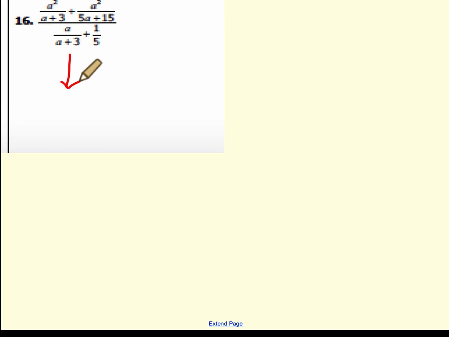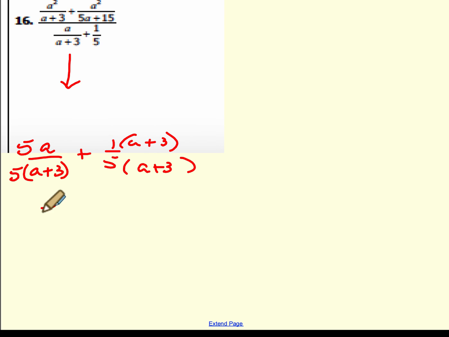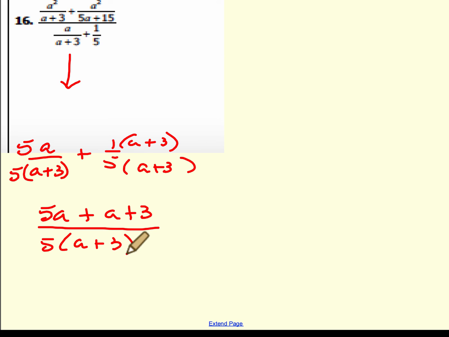So a over a plus 3 plus 1/5 means I have nothing in common, so the product is my common denominator. So I end up with 5a plus a plus 3 in my numerator over 5 times a plus 3. Combining like terms, I get 6a plus 3 over 5 times a plus 3.